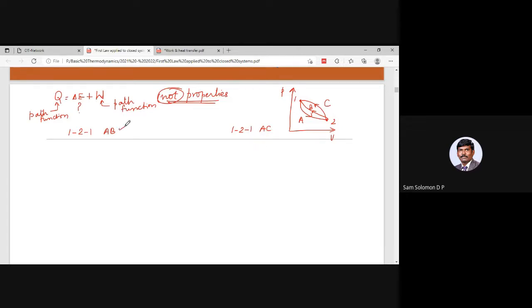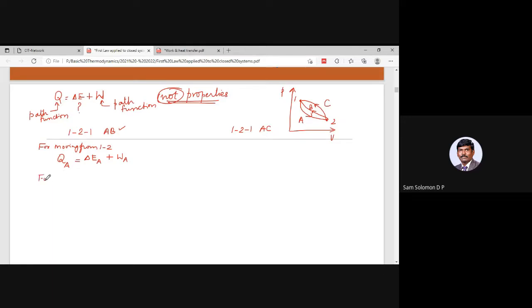If you take this, for moving from 1 to 2, applying the first law, QA equal to delta EA plus WA, right?